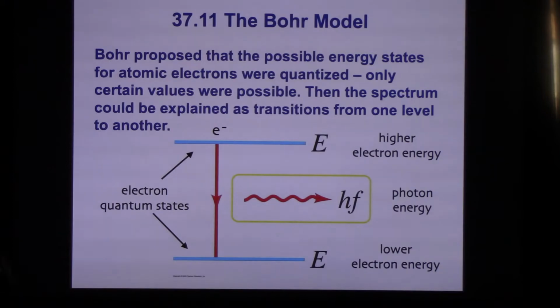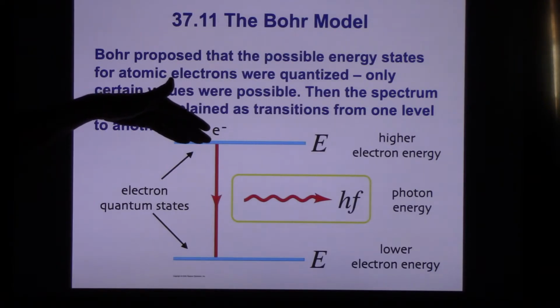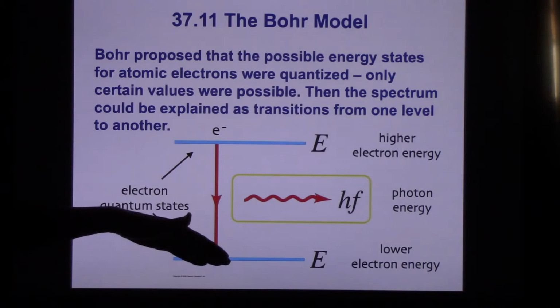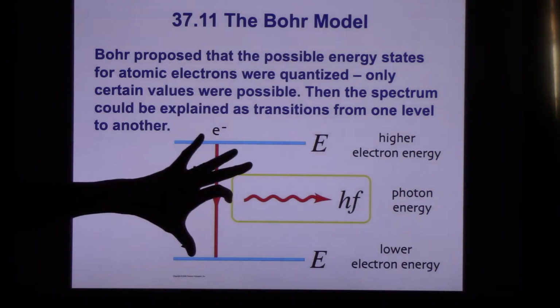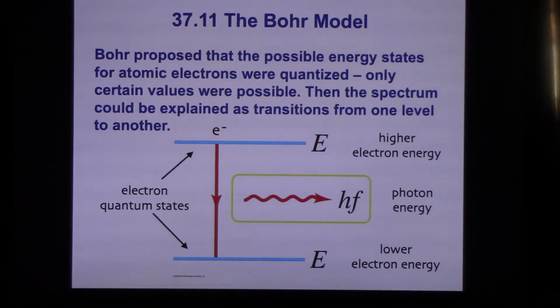Now, the diagram here says, let's imagine there's an electron, it's in some energy state, but it loses energy and drops into a different energy state. The difference in energy, if energy is conserved, that difference in energy could generate a photon. That could be how light is generated in atoms and molecules.